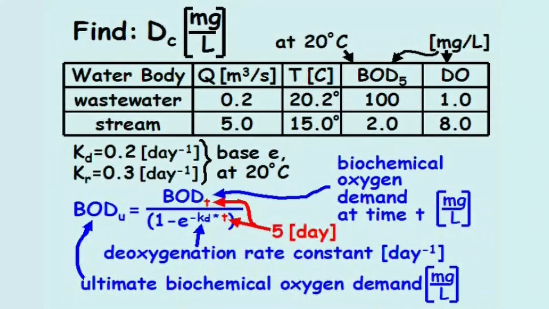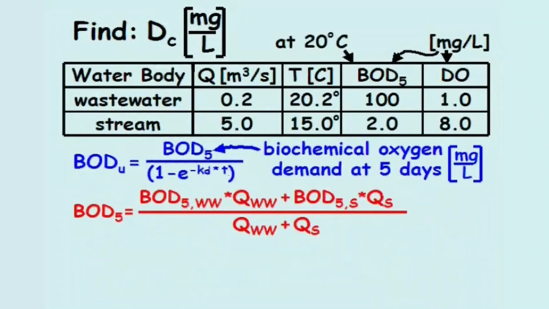Next, we'll calculate the 5-day BOD in the stream after it mixes with the wastewater effluent in milligrams per liter. The 5-day BOD after mixing equals the weighted average of the 5-day BOD values of the two water bodies based on their flow rates.